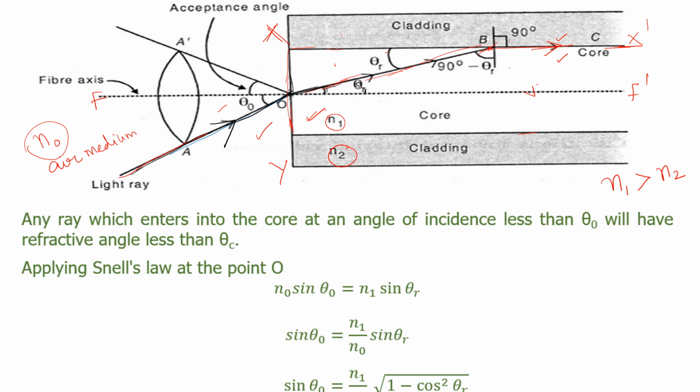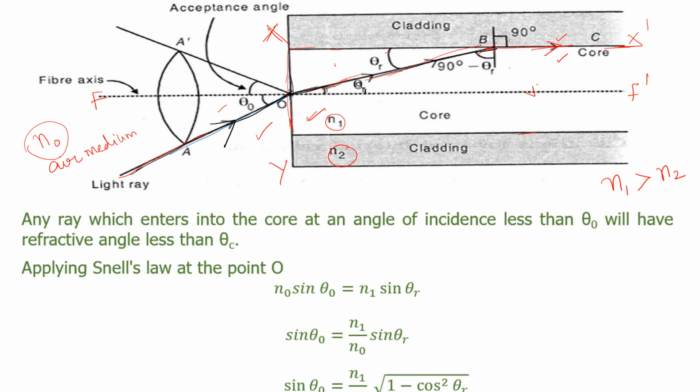Then it travels in the core medium, and at the core cladding interface it travels along the core cladding interface. So the propagation of the light ray is explained here.